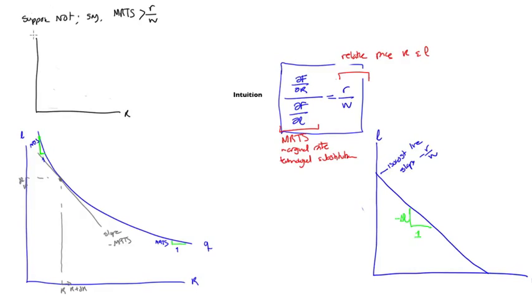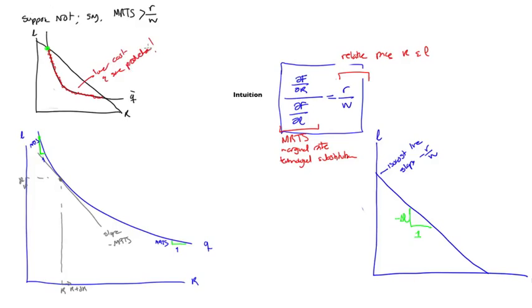So if you draw K and you draw L and you draw the isoquant, you also draw the isocost line, let's say this one, and when you look at a point like this one, what we have is that the marginal rate of technological substitution is steeper than the relative prices of the isocost line. Now, it should be obvious to you that this point cannot possibly minimize costs, because any point in here, any point like that, has lower costs and same production.